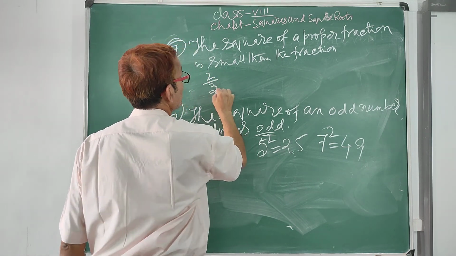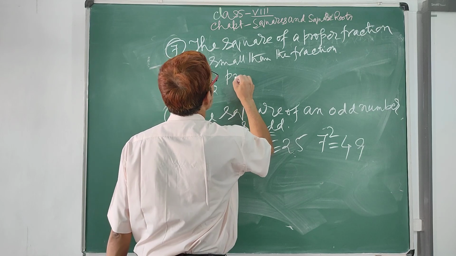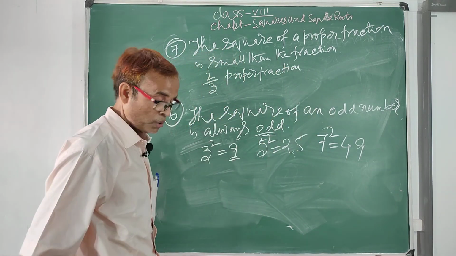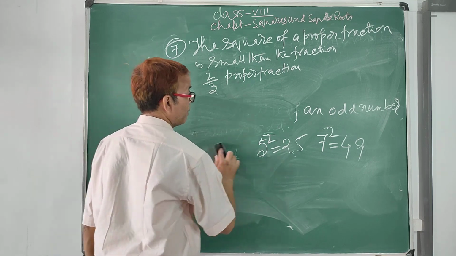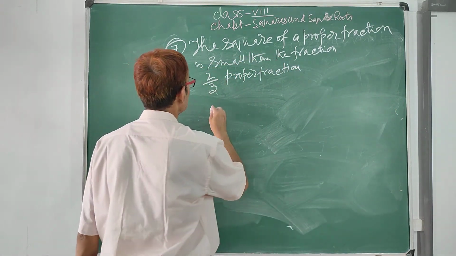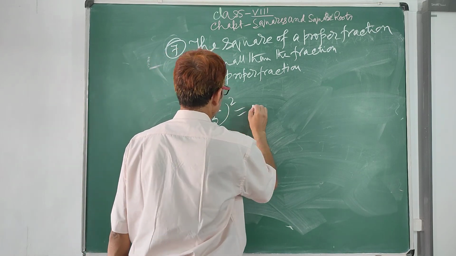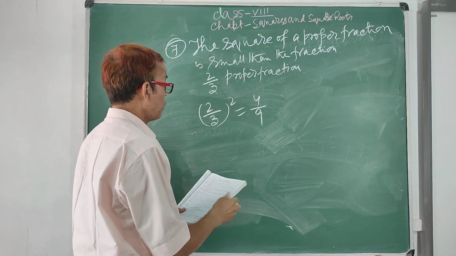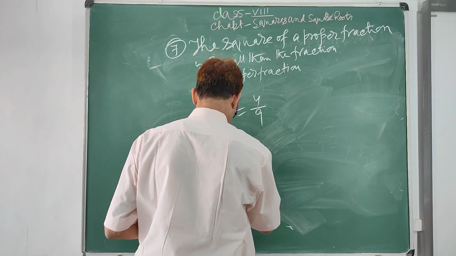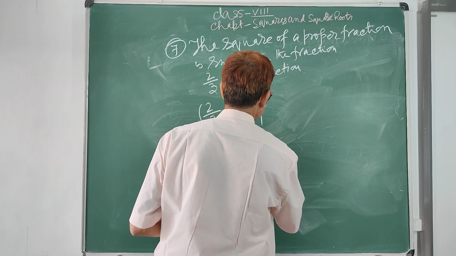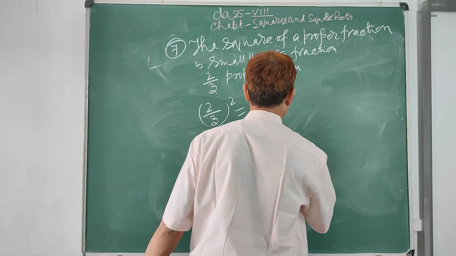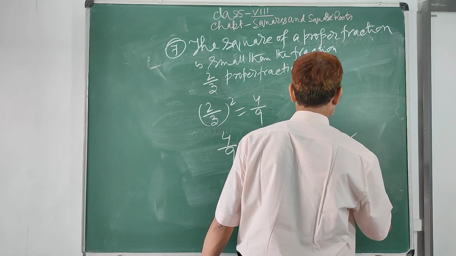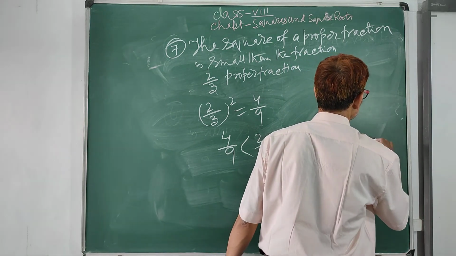So 2 by 3 is a proper fraction. The square of 2 by 3, that is the square of a proper fraction, is equal to 4 by 9. 4 by 9 is less than 2 by 3, since 4 into 3 is less than 9 into 2.